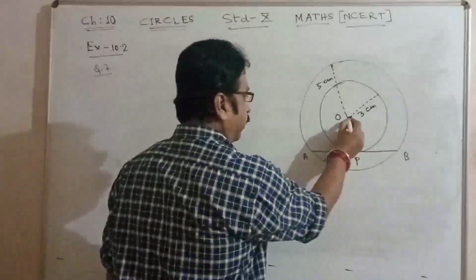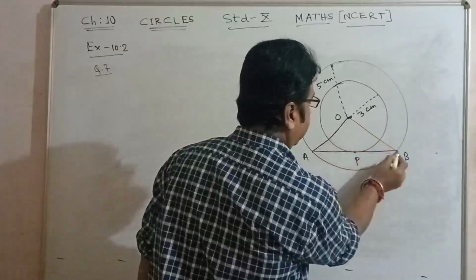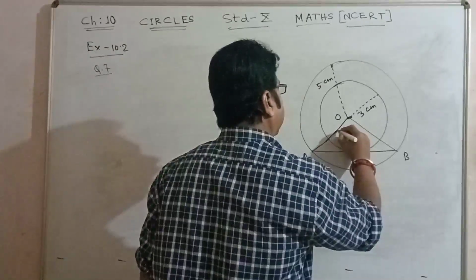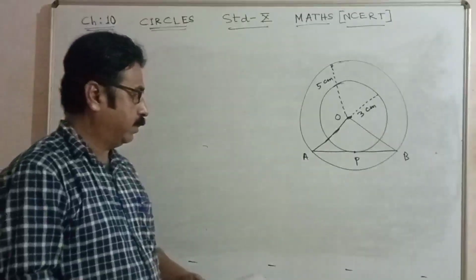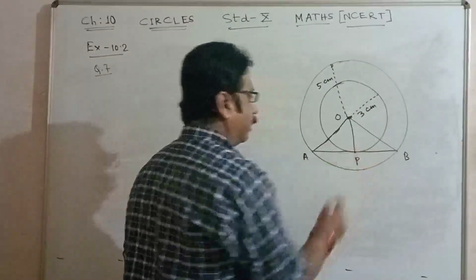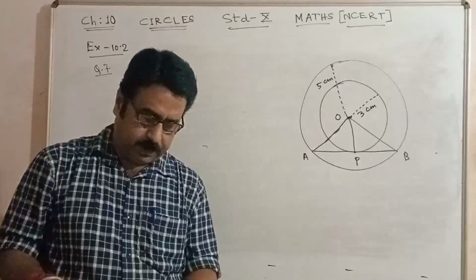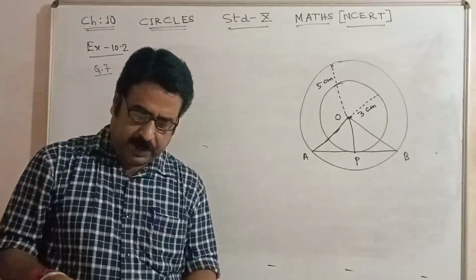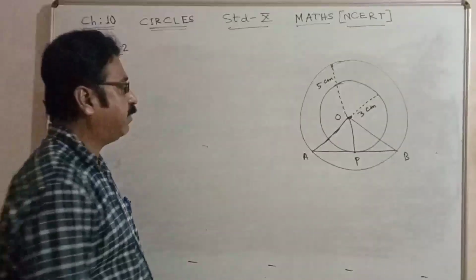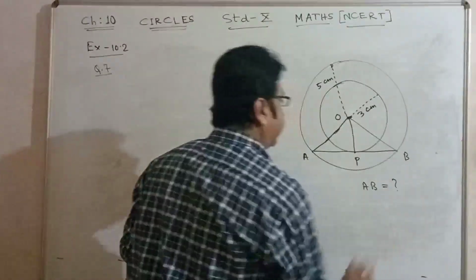We can join this. What to find? Find the length of the chord of the larger circle. That means we have to find AB equals to how much?